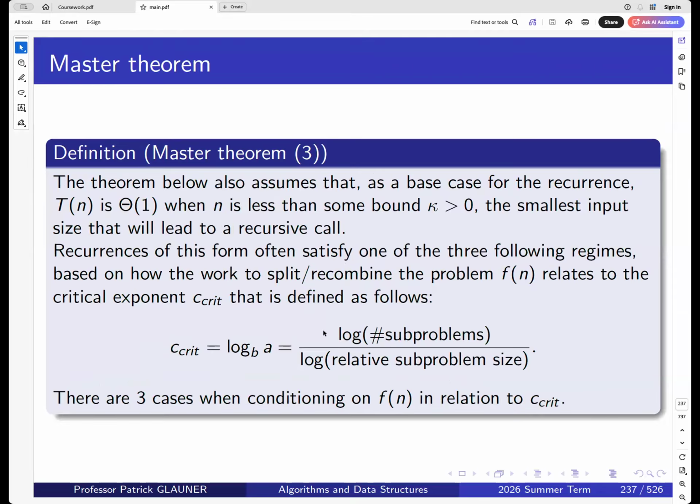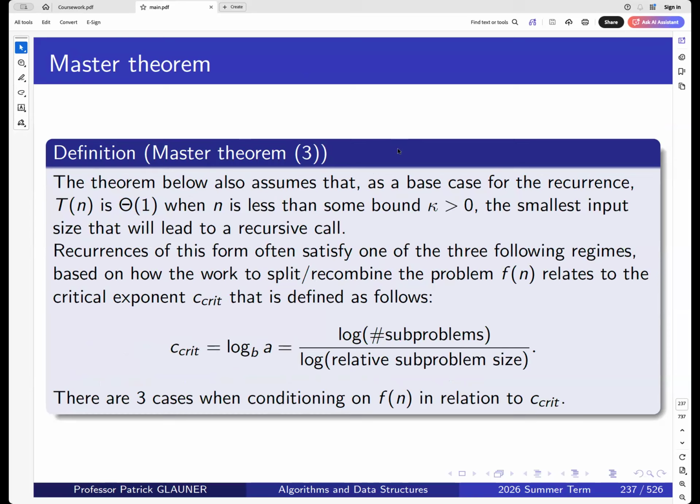The master theorem also assumes that the base case of T of n is theta of 1. So we've seen this before: simply that there is some constant time as the base case.